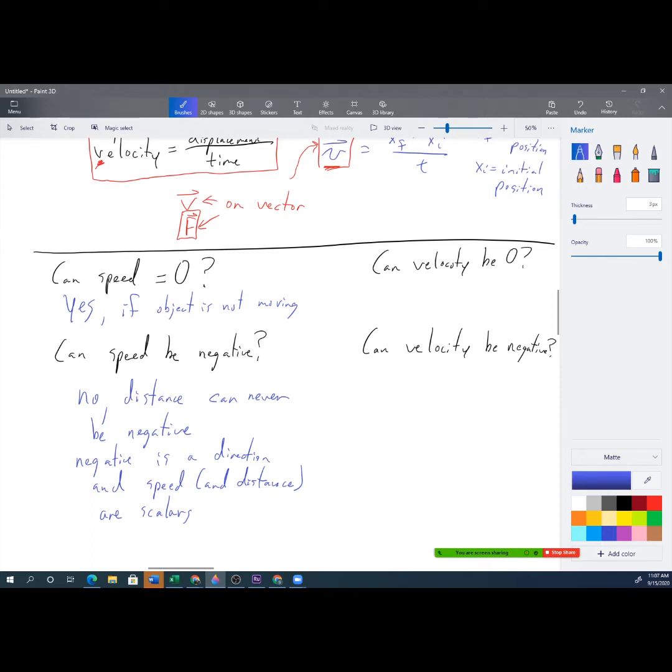Okay, very similar questions now. Can velocity be 0? Yes or no? Got a couple answers. So far we got a split tie. Got Brody's. Okay.